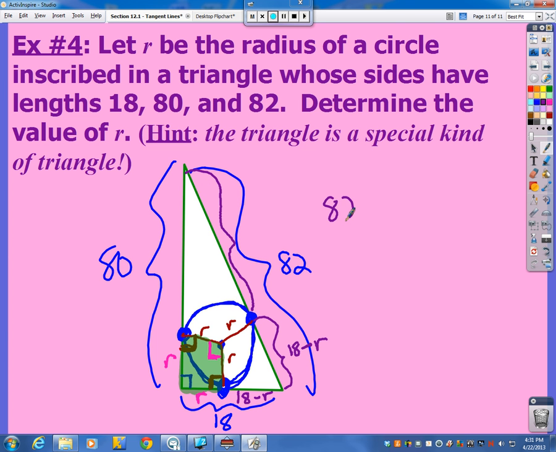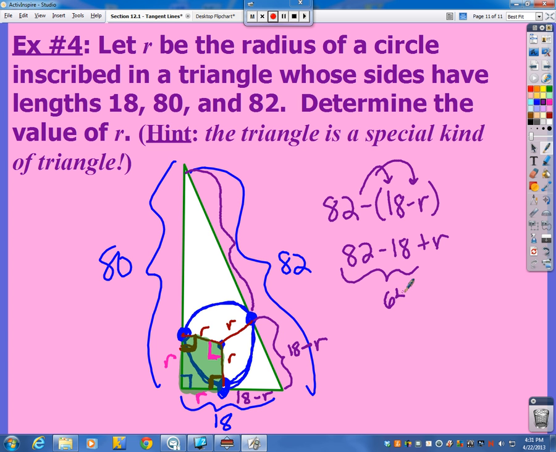Well, it would be 82, the whole thing, minus that little tangent piece down there. So I need to kind of distribute my minus sign. So I have 82 minus 18 plus r. 82 minus 18 makes 64 plus r. So this guy up here, from here all the way to there, that is 64 plus r.